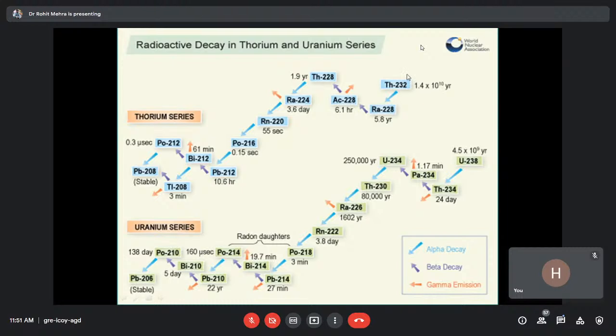And these are the two important series, because 97% of the world's thorium is present in India. And that is why our ex-president, Dr. APJ Abdul Kalam, was always stressing that we should go for thorium-based reactors, because 97% of the world's thorium is available in India, instead of uranium-based nuclear reactors.